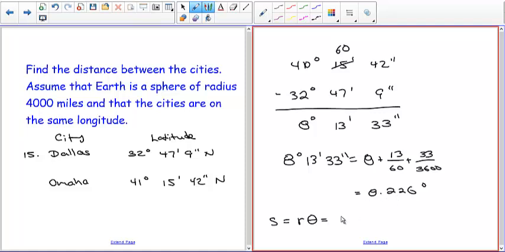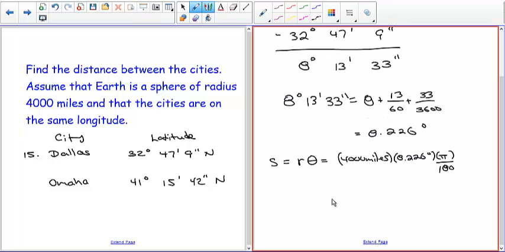So you still got 4,000 miles times 8.226 degrees times pi divided by 180. That gets that degrees into radians. So you get 4,000 times 8.226 times pi divided by 180.